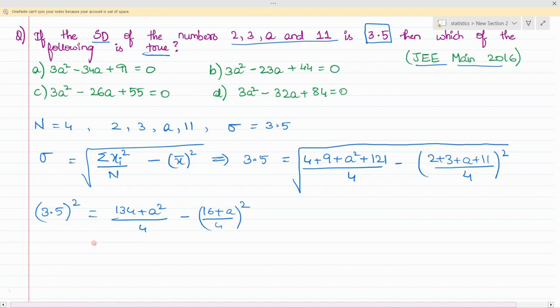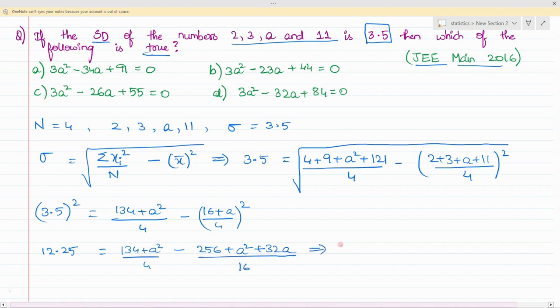And this 3.5 whole square will be 12.25. Just simplify this, you will get 134 plus a square upon 4 minus, just square it, 256 plus a square plus 32a upon 16.